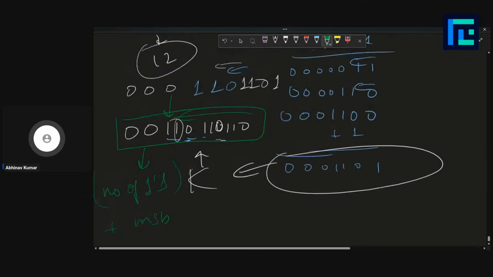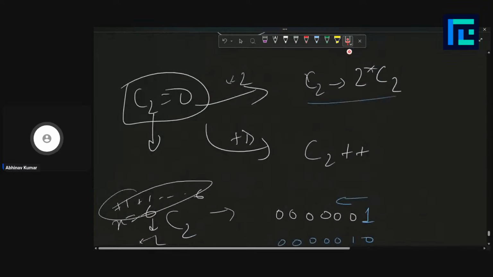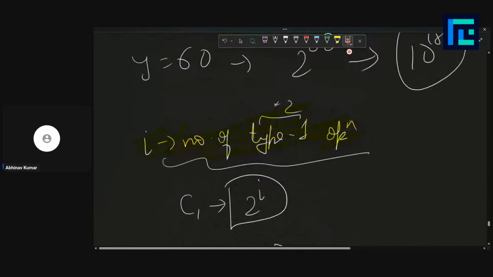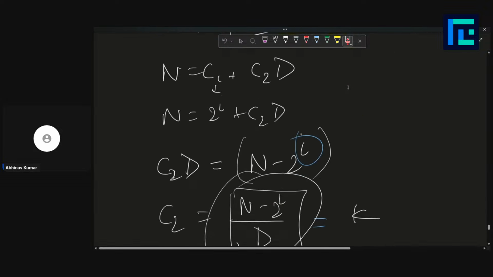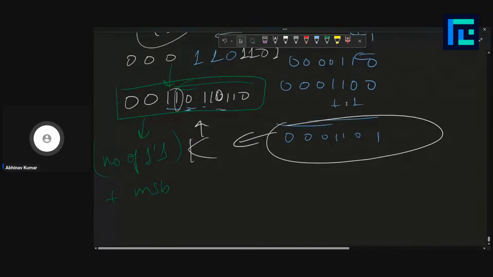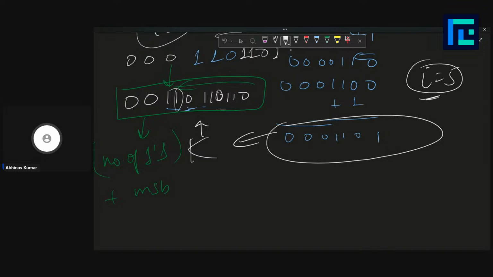while before doing this, we had fixed the number of type 1 operations to I. We had fixed that I is actually our number of type 1 operations. So if we have fixed, let's say, I equal to 5, that means I can only do the multiply by 2 operation 5 times in this particular case. And here, if you see, to reach this one, you would have to do a left shift of 1, 2, 3, 4, 5, 6, 7, 8, or 8 left shifts, from index 0 to index 8.